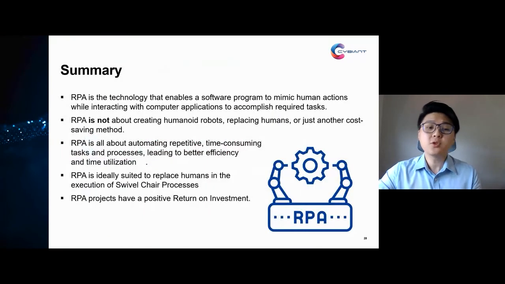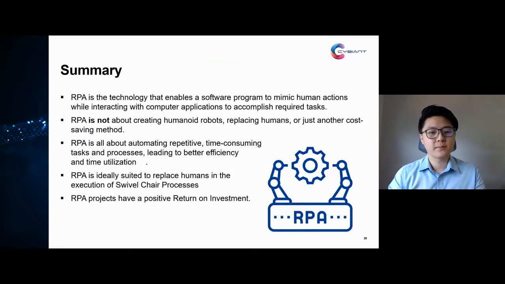Okay. So in summary, RPA is a technology, basically a software program, that mimics human action while interacting with computer applications to complete a specific or required task, for example in your daily tasks.